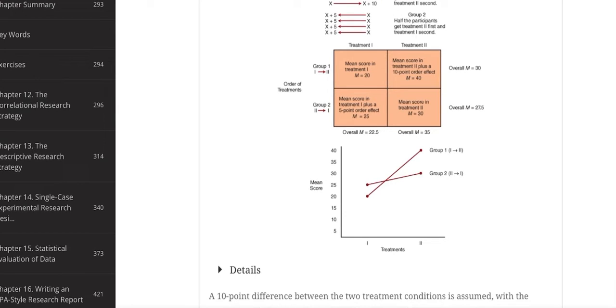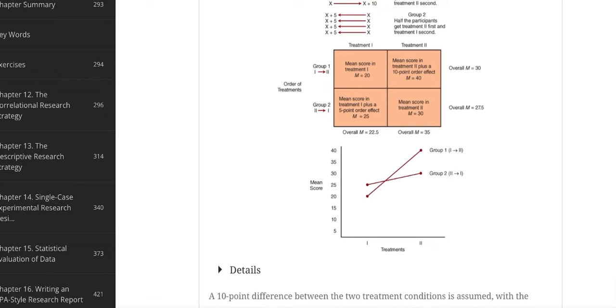Yeah, okay. Oh, and I did want to remind you, I know we talked about this in the last video, but part of the way you can tell that there's an interaction if you don't have a line graph is to look at the cells within this matrix, and you can see that it doesn't follow the pattern.